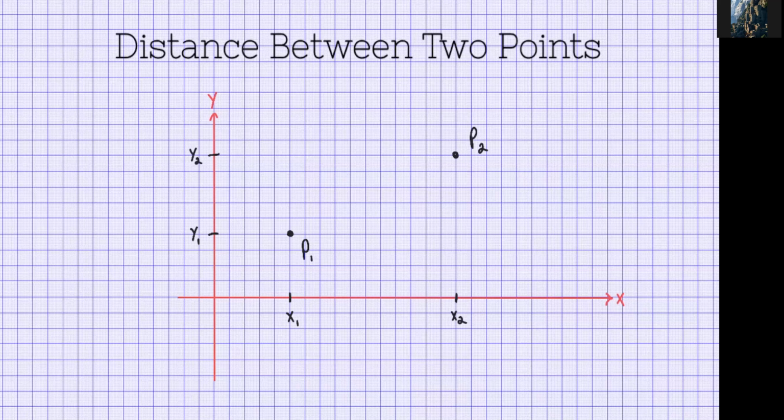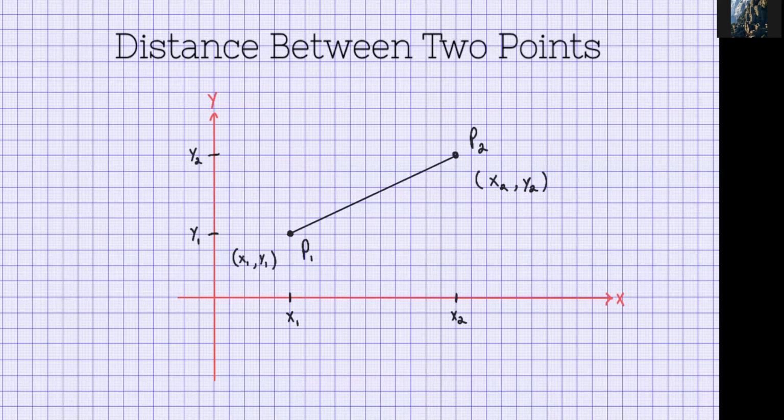So that means that the coordinates for point 1 will be x1, y1, and for point 2, you will have x2, y2. Those are the coordinates for our points. What values can they have? It doesn't matter, they can have any value.